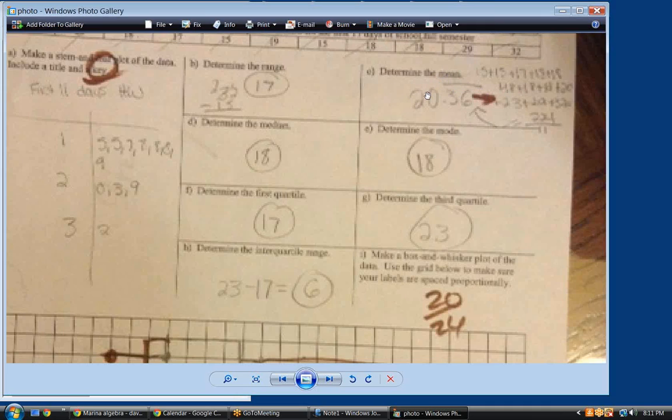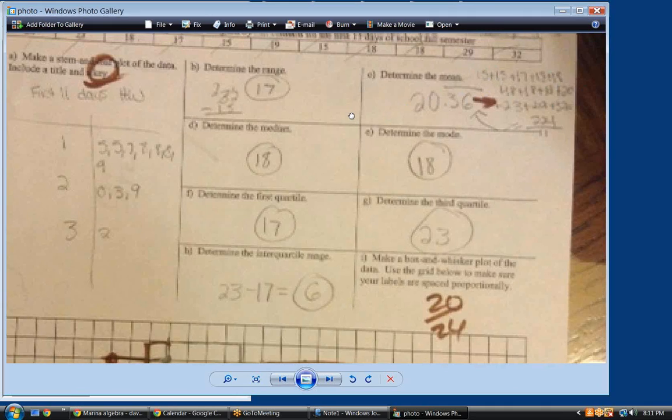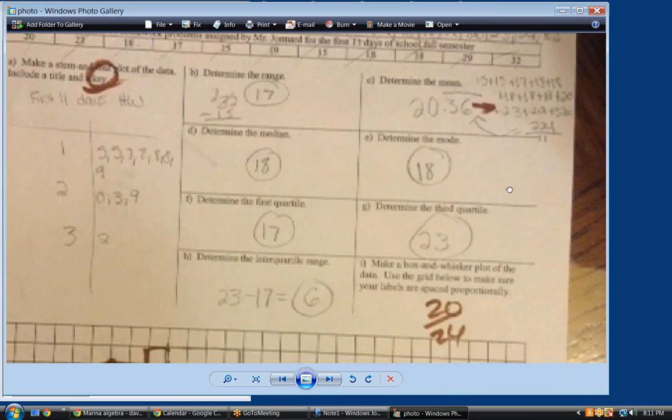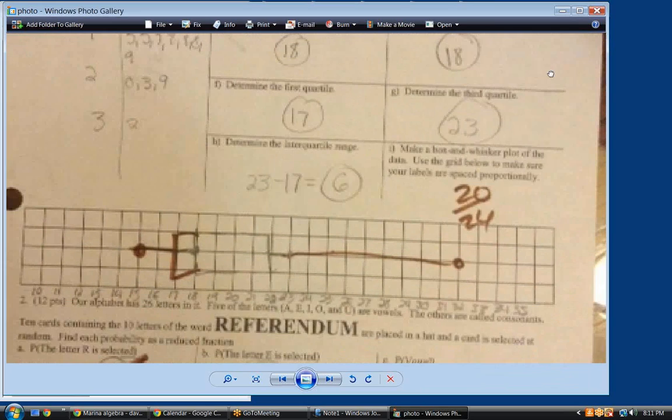Okay, do you know how to do the mean? Yeah, I do. Okay, what's the brown mark there for? You added up all the numbers and divided by 11? I'm not sure. I know I got it right, so I don't know why he put that. Okay, all right.